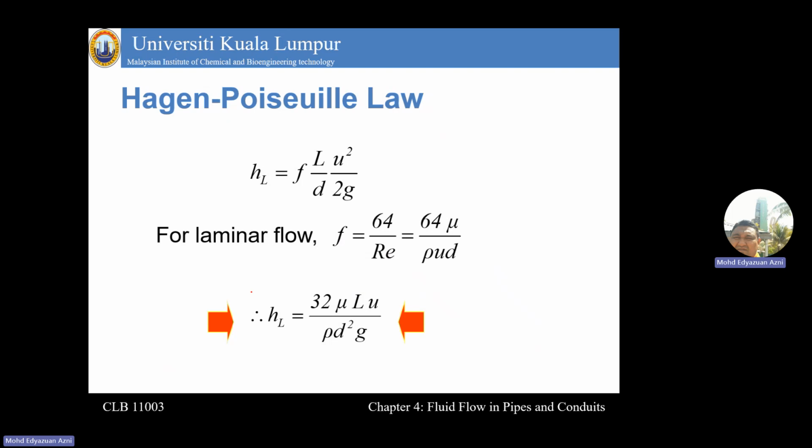And then the second formula to check the head loss, for laminar flow, is Hagen-Poiseuille. So this is for laminar flow.